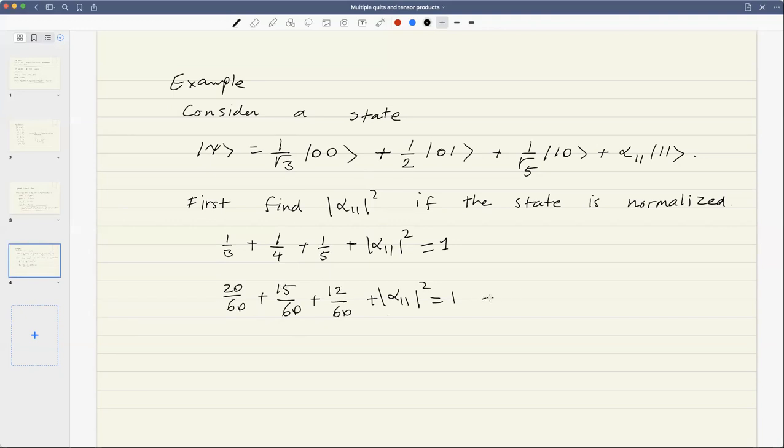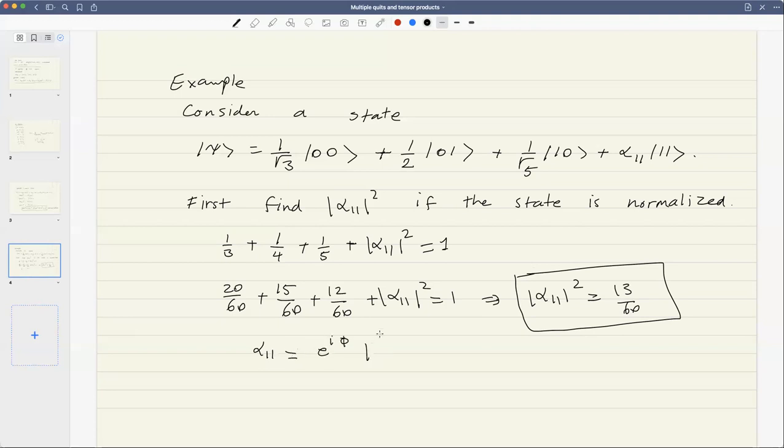So 60 minus 47 is 13. So that's our answer. This number should be that in order for the state to be normalized, which implies that alpha 1, 1 can be e to the i phi times the square root of 13 over 60 for an arbitrary real phi.